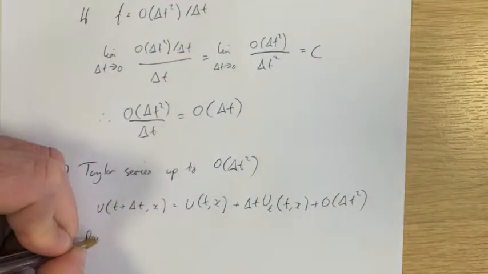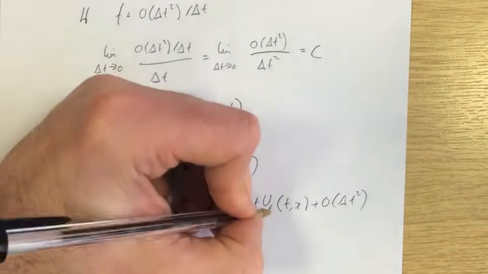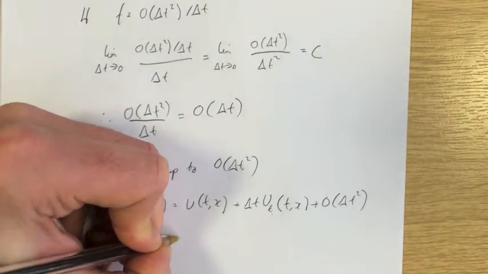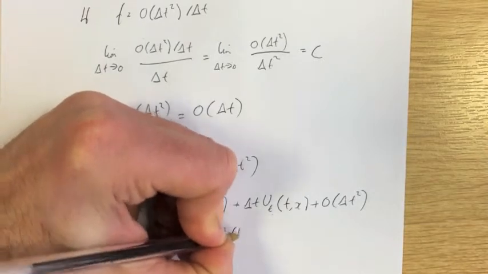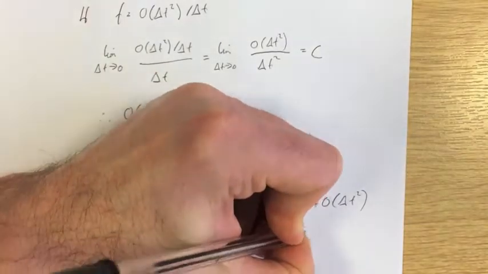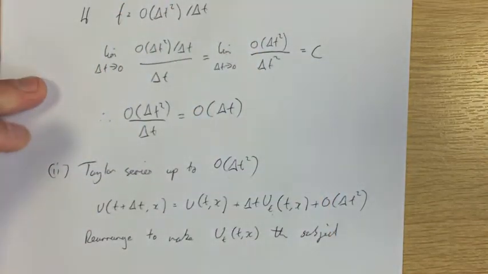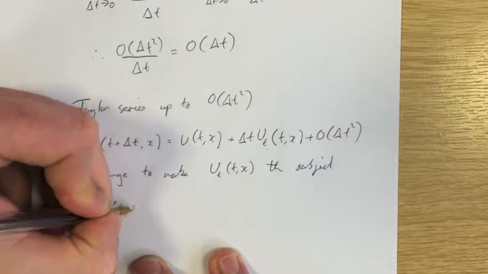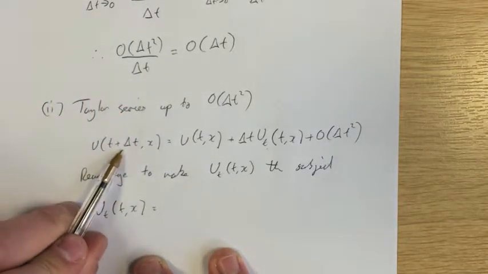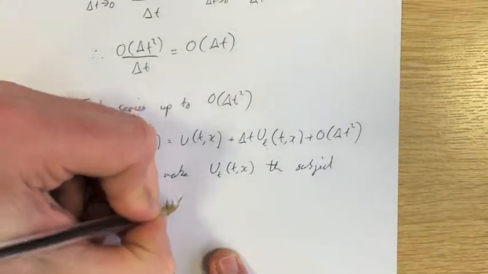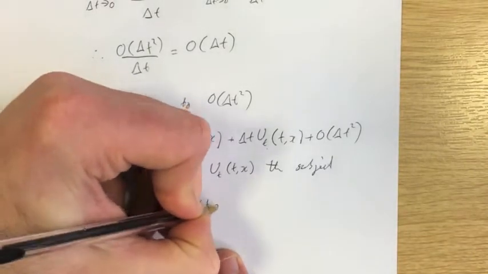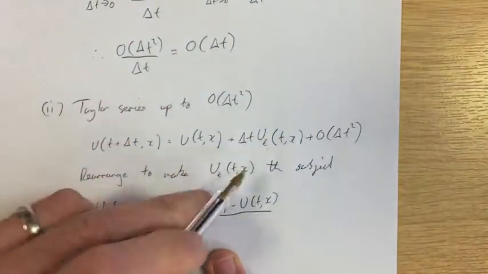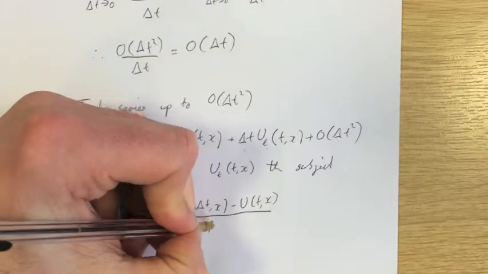Now I'm going to rearrange to make the first order derivative the subject. So we have the first order derivative with respect to t equal to this term minus this term, all divided by the coefficient, which is delta t.